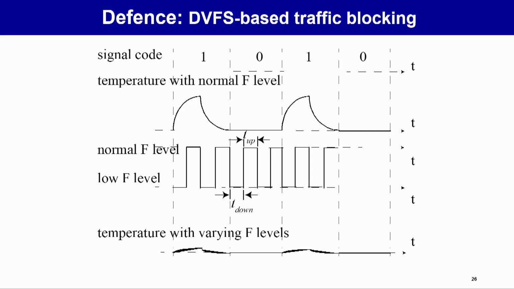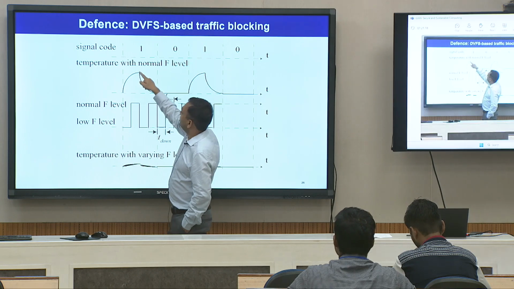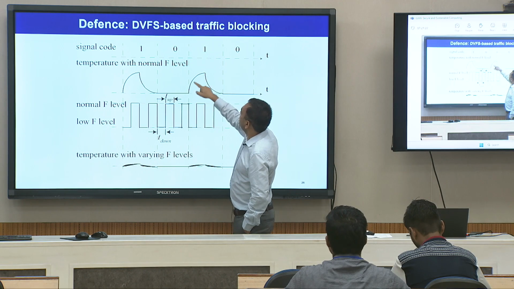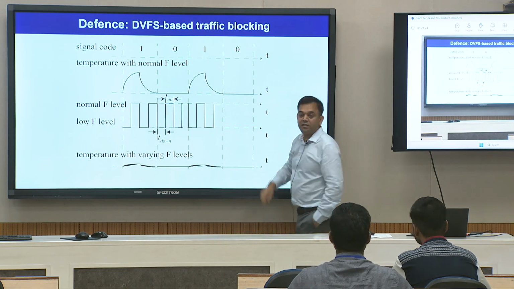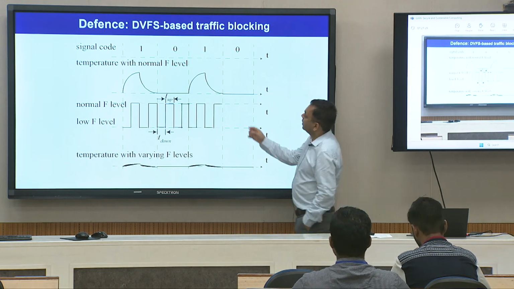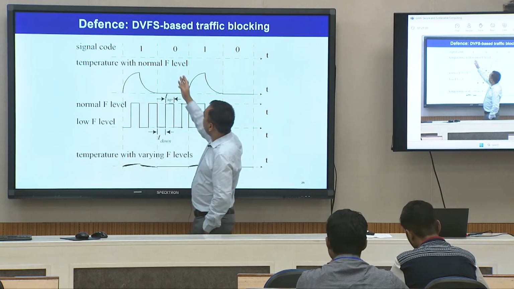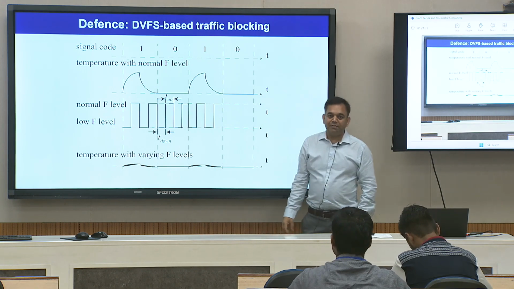Now let's say this is the signal code that you want to transfer with the help of the temperature, like 1010. You remember, we want some profile like this. If it is 1, change in the temperature. If it is 0, no change in the temperature. If it is again 1, change in the temperature. If it is 0, no change in the temperature. And this profile we are getting typically with the normal frequency level.